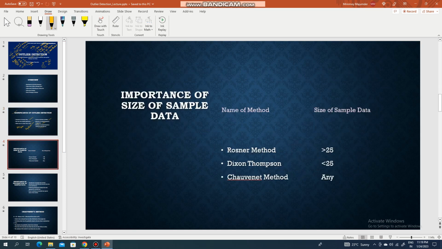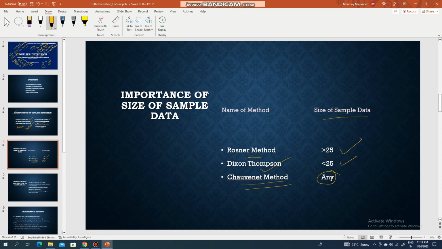So here in this slide, you will understand what I was talking about. Size of sample data, if greater than 25, then apply Rosner. If less than 25, apply Dixon Thompson. Any number of data, the Chauvenet method is able to detect outliers.